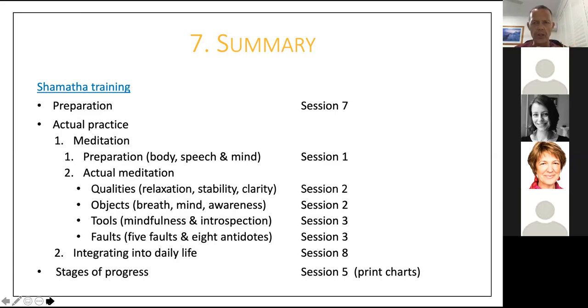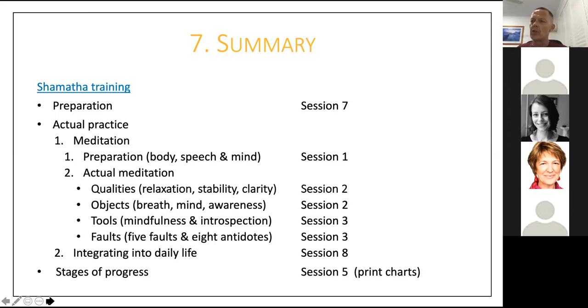Integrating all this meditation into daily life, of course, we'll be looking at in the last session tomorrow. And then tomorrow morning in the first session, we're also going to look at the stages of progress in this practice. So we're going to be using these 2 charts that I think you should all have access to, or hopefully maybe even printed out.